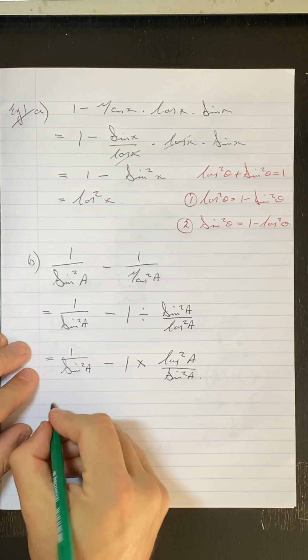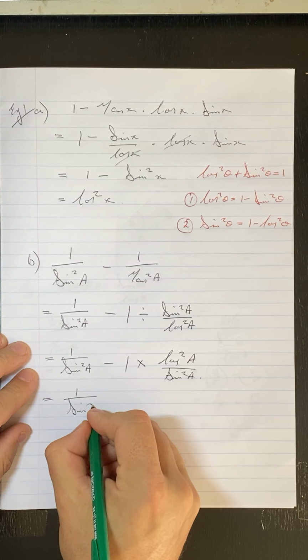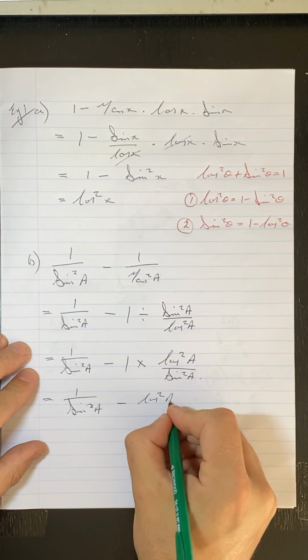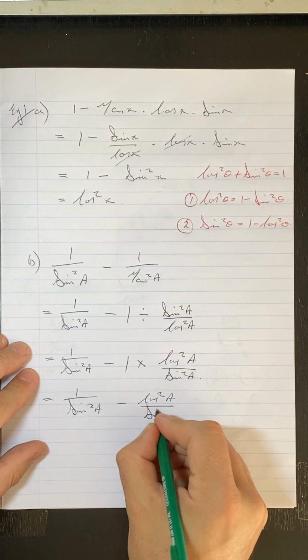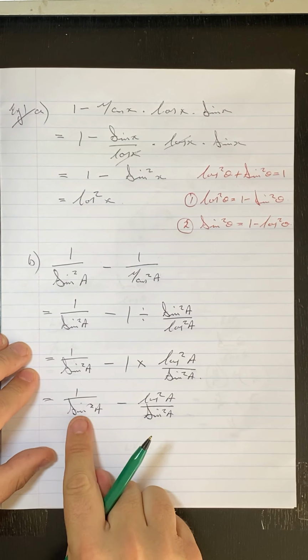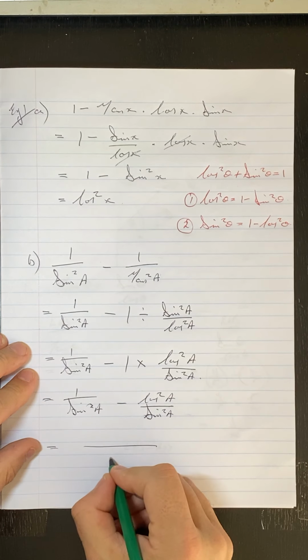Just tipped it. Okay, so we get 1 over sine squared a minus cos squared a over sine squared a, because 1 times that would just give us that back. You can see they're both over sine squared a, so I don't have to get an LCD.